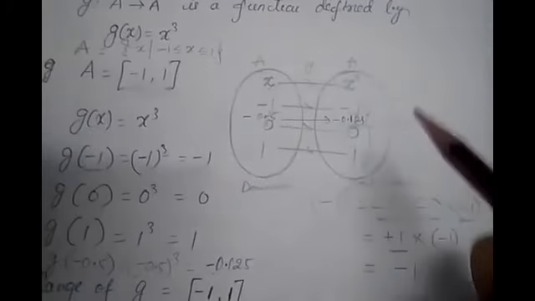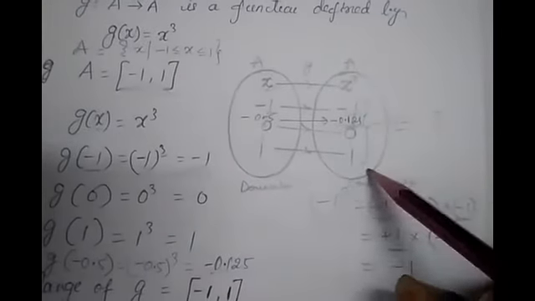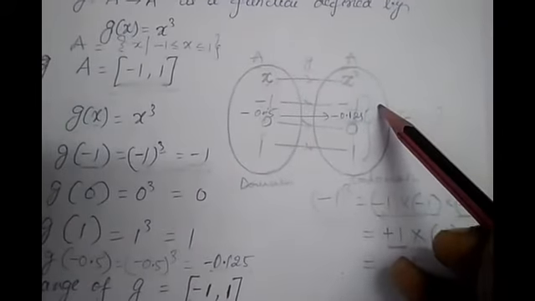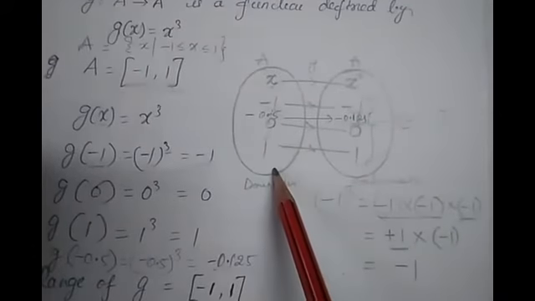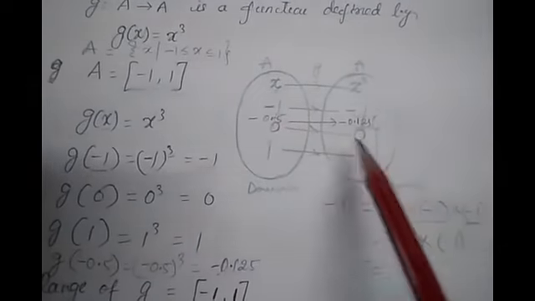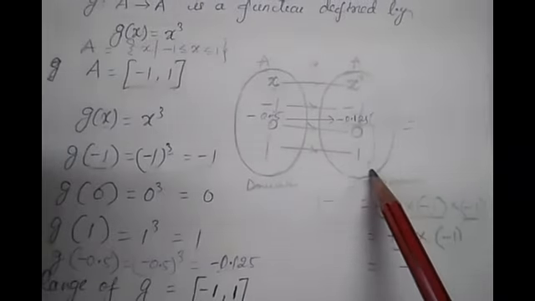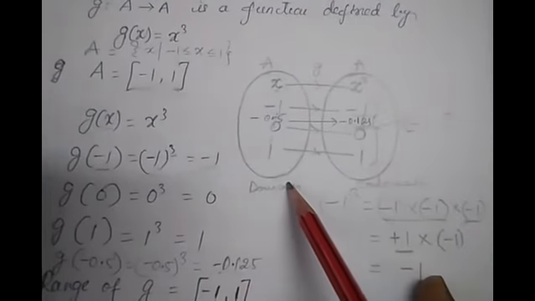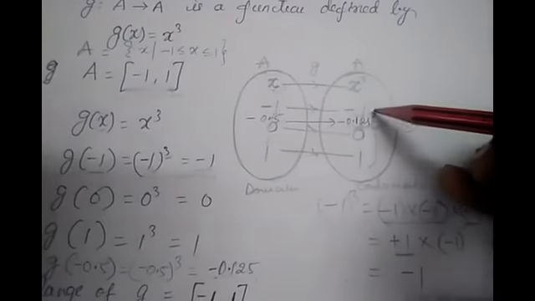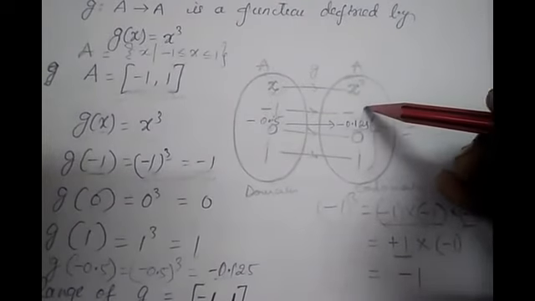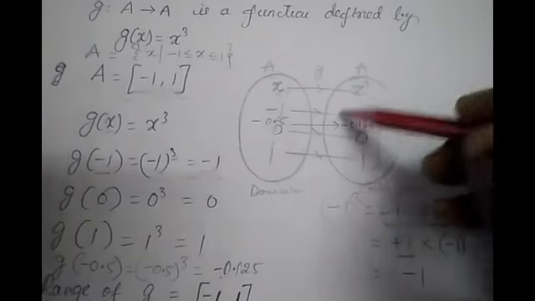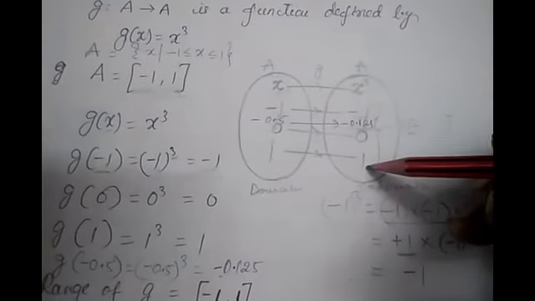That means every element in the codomain has a pre-image in the domain. That means the range lies between minus 1 and 1.